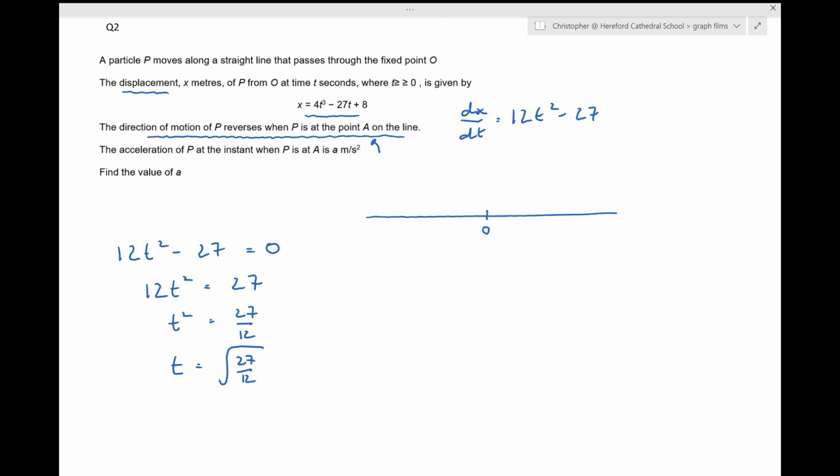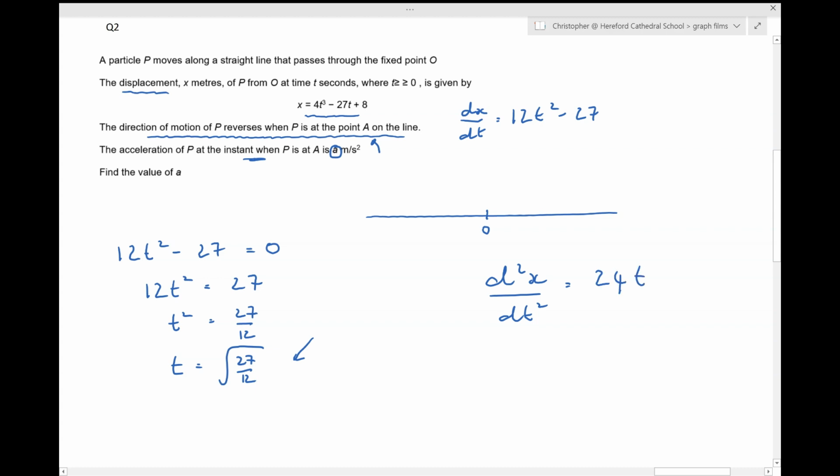Now, the acceleration of P at that point, at this time, is a meters per second squared. Find the value of a. Well, the acceleration is going to be given by the second differential, isn't it? d2x by dt squared. So that is 24t.